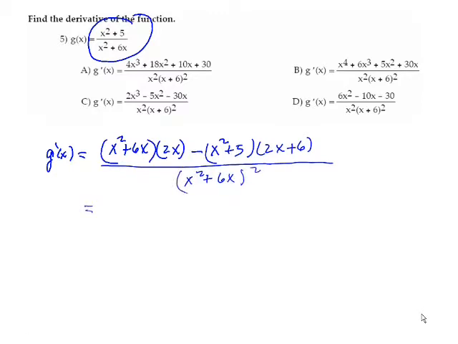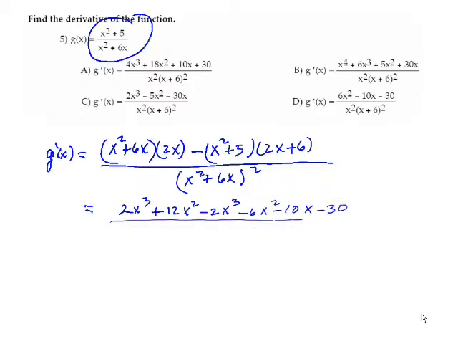Once you multiply this out, you get 2x cubed plus 12x squared minus 2x cubed minus 6x squared minus 10x minus 30, all over x squared plus 6x, quantity squared.